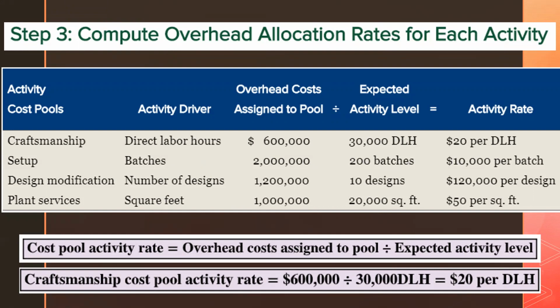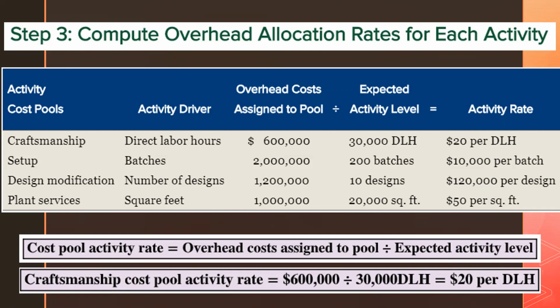The standard go-karts are going to use a different amount of batches than the custom go-karts. For design modifications, we said we're paying those engineers $1.2 million. They made 10 designs. When we divide 1.2 million by 10, we get $120,000 allocated to whichever go-karts needed the designs.